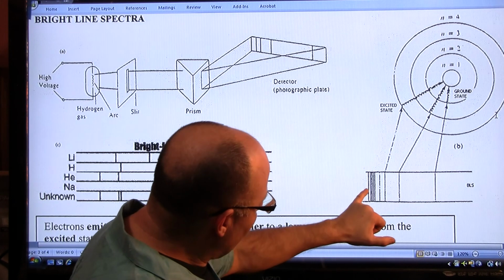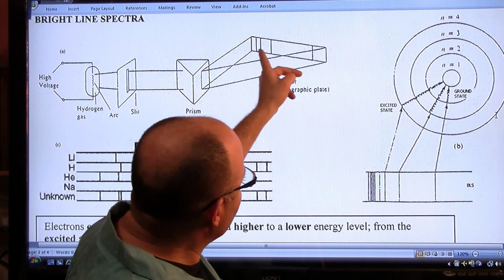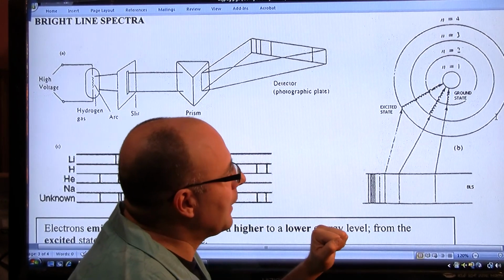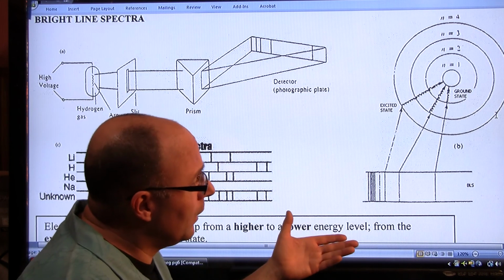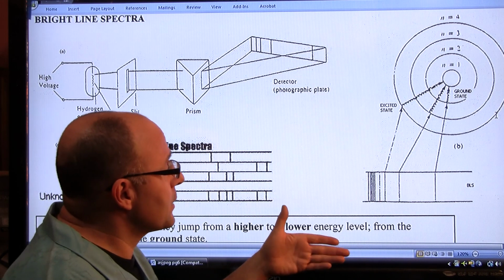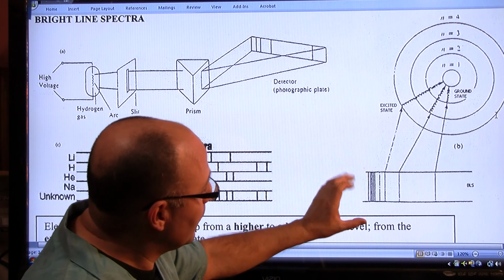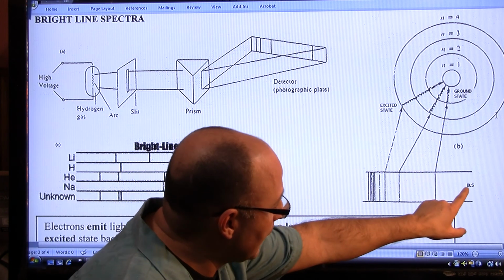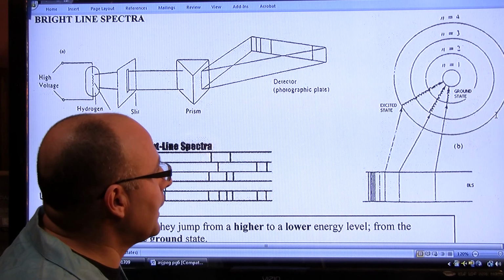And each spectral line on this background of the spectroscope corresponds to a specific amount of light energy. Now, since more than one electron in an atom can do this, you'll have more than one spectral line. Altogether, these spectral lines give you a set called the BLS, the bright line spectrum of the specific element that you're exciting.